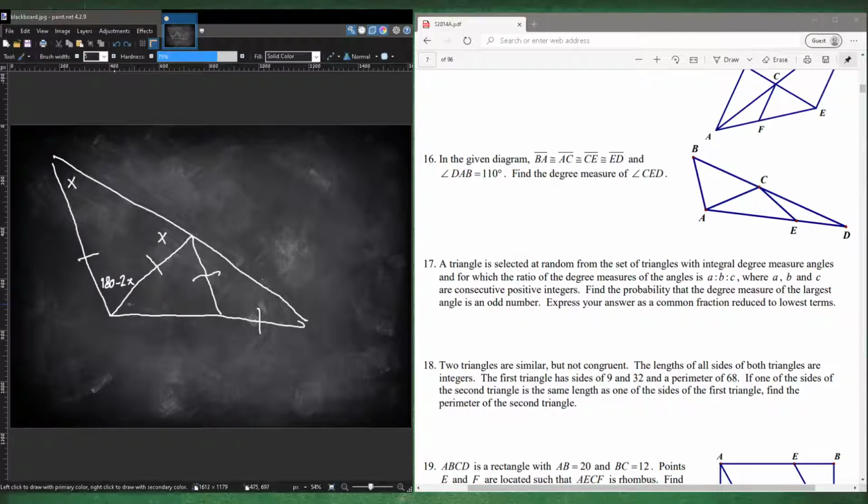So this has to be 2x, cancel out this negative 2x, minus 70 to make that 110. And since it's isosceles, this is also 2x minus 70. And these two 2x's make 4x, so this one has to be minus 4x. And then this is a minus 140. To make a 180, that means this has to be 320. And for this to be 180, right, this 2x minus 70, this has to be 250 minus 2x.